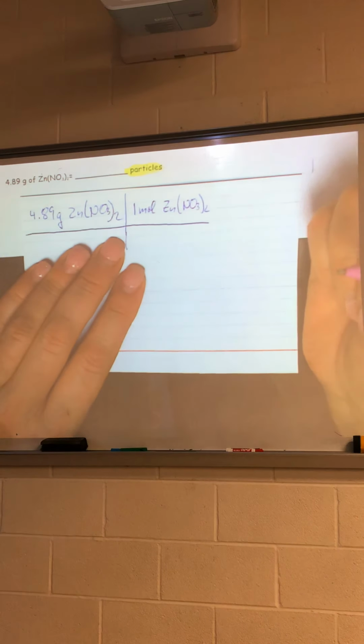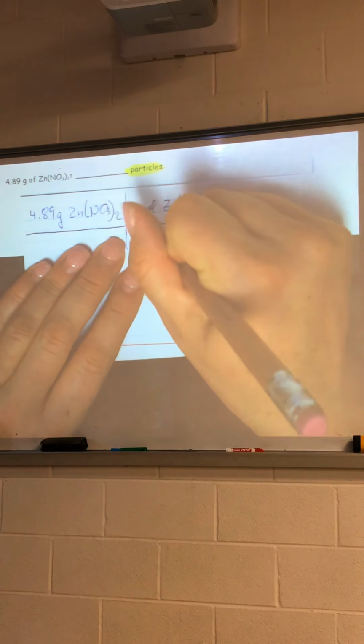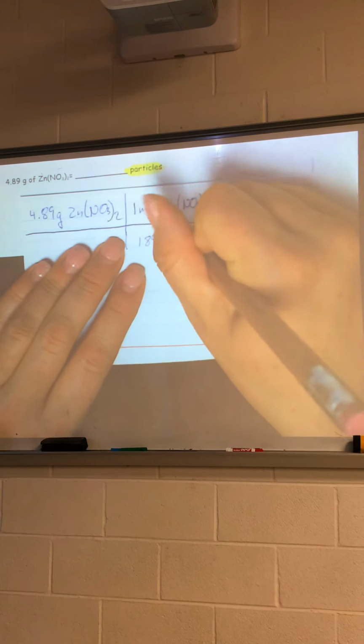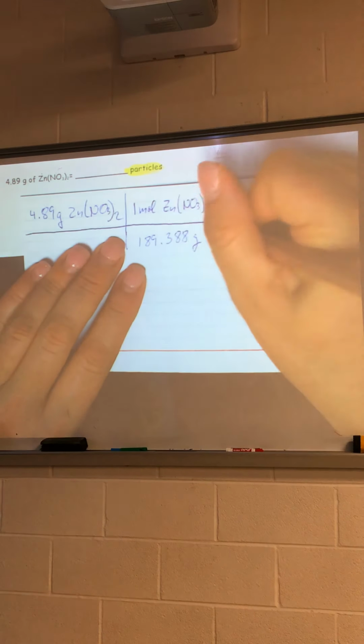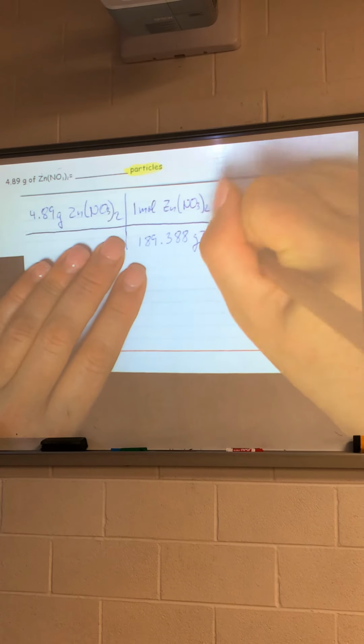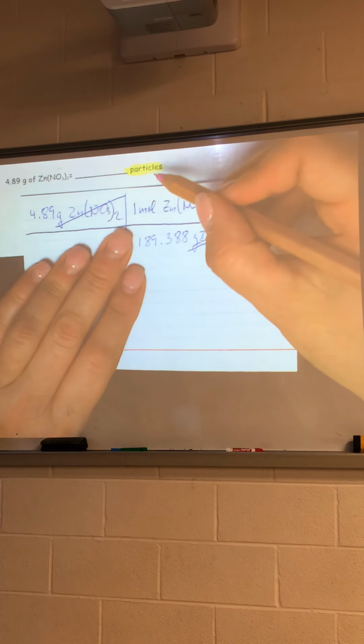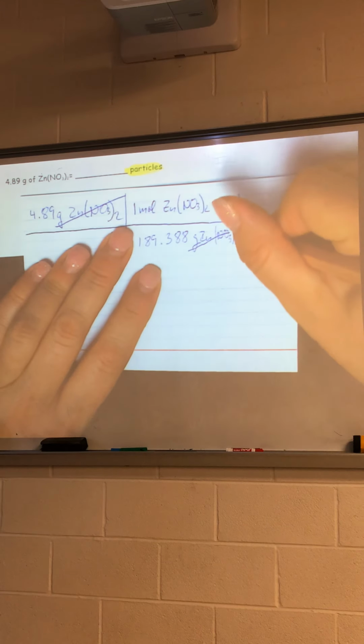That's right. Okay. So now I got from grams and I'm in moles, but where do I really want to be? Particles. So now I go from moles to what?